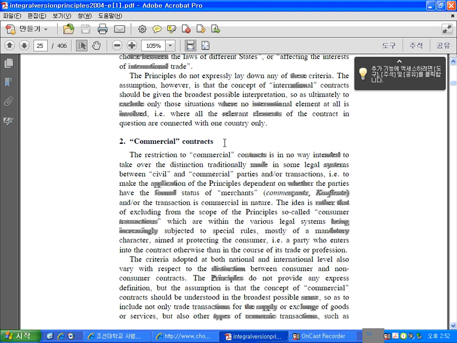So many domestic measures may be found in the context of consumer transactions. We reasonably operate to exclude this area of law from the scope of this document.